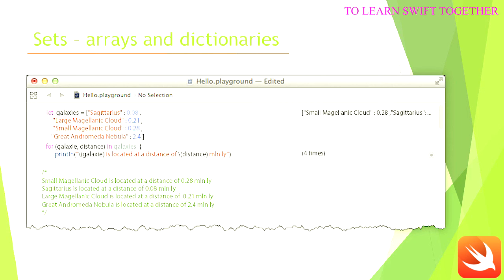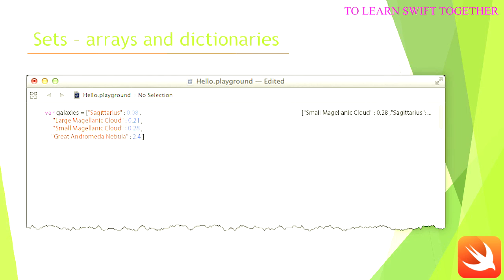The first one is that they can work with any type of data. They're not limited to objects, as was the case in Objective-C. The other difference is that they store values of only one type. This means, for instance, that we cannot add an object or a number value to a string array.